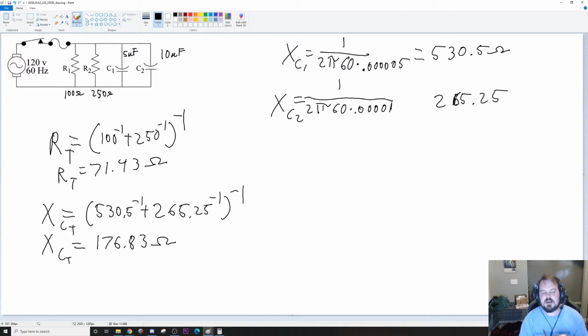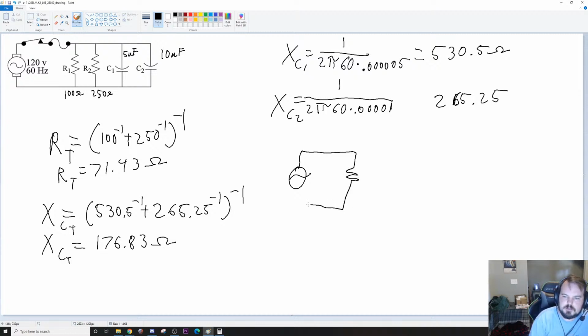So, now we have a circuit. This circuit has turned into this. Our total is 71.43 ohms.